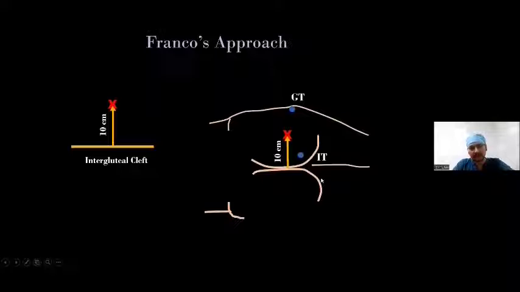Just identify the midpoint of the intergluteal cleft from visual inspection, and 10 centimeter lateral to it is the point of needle entry. Because from the mid gluteal to the subgluteal level, the sciatic nerve travels constantly parallel to the midline.